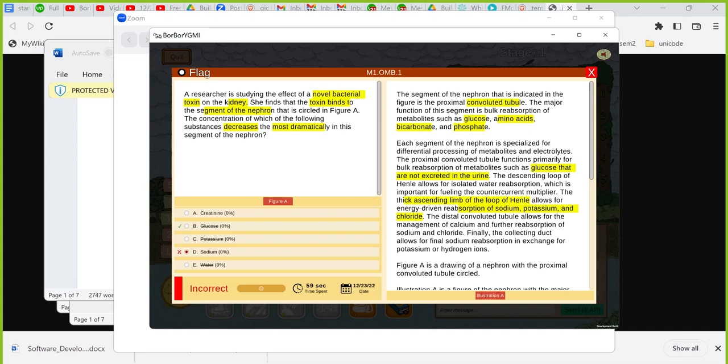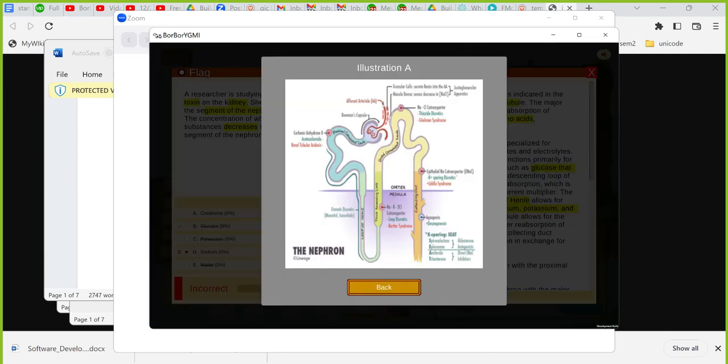So I think one of the reasons that they wrote this question was to talk about the importance of loop diuretics. So if you took something like furosemide, it has an enormous effect on blood pressure because you're peeing the sodium and the potassium and the chloride out.